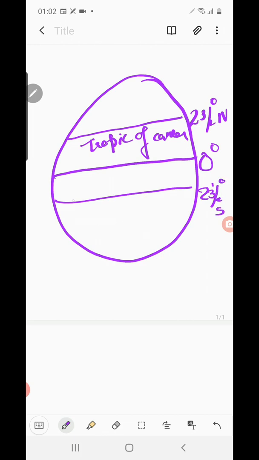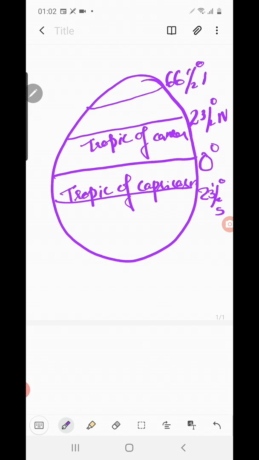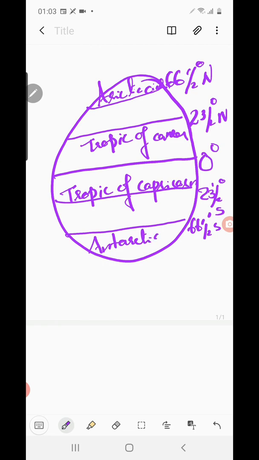It is named as Tropic of Capricorn. Okay, and here the important latitude 66.5 degree north. This is Arctic Circle, and here it is 66.5 degree south. This is called Antarctic Circle.